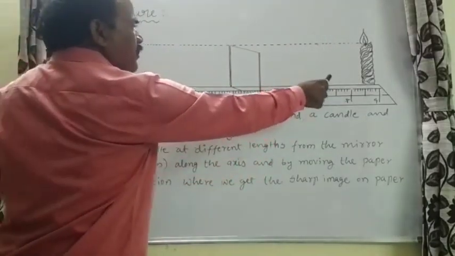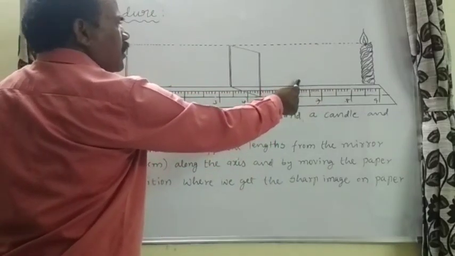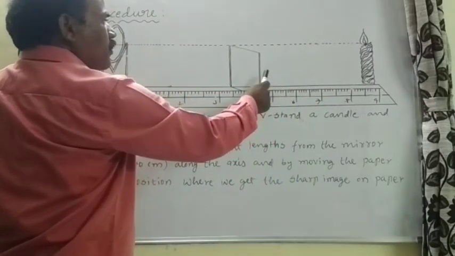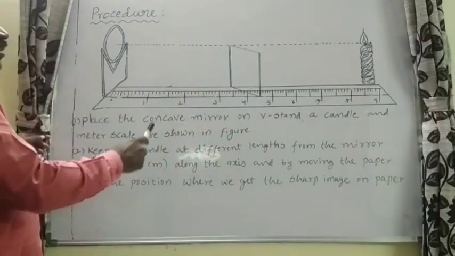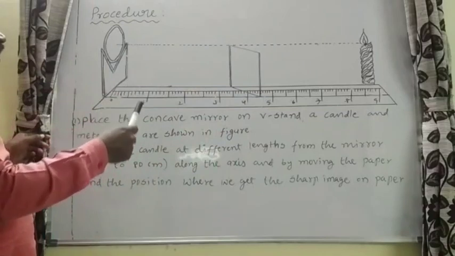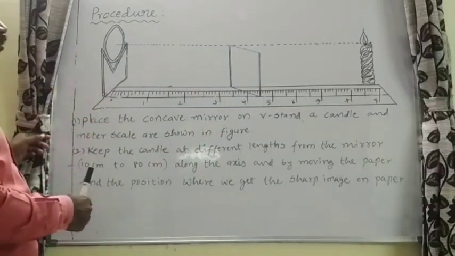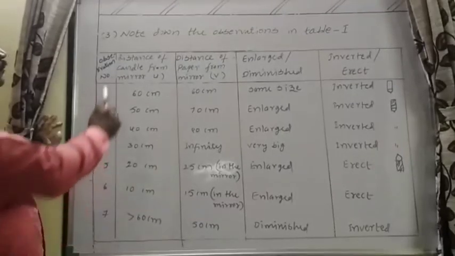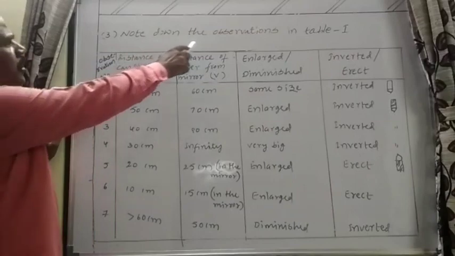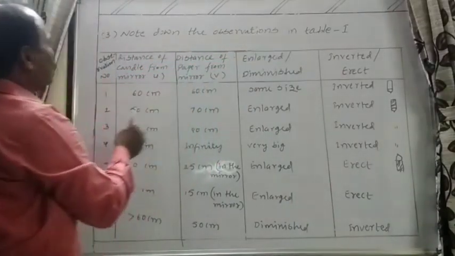Second case, 70 centimeter distance, and 60, 50, 40, 30, 20 and 10 centimeter distance. We'll observe where we get the sharp image on the white paper. Note down the observations in table 1.